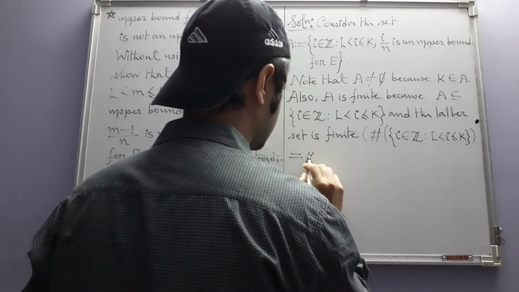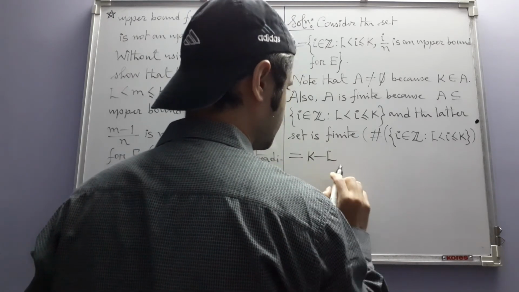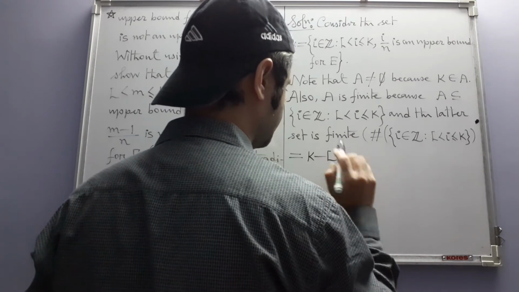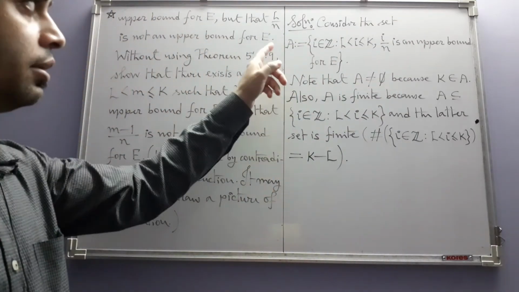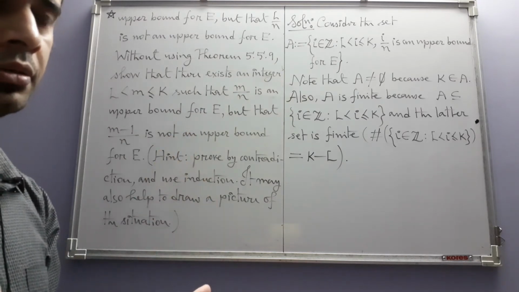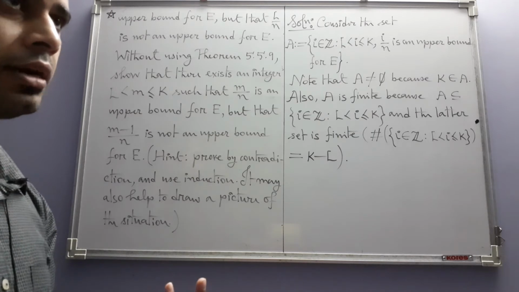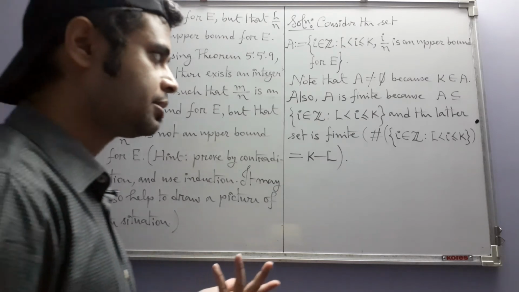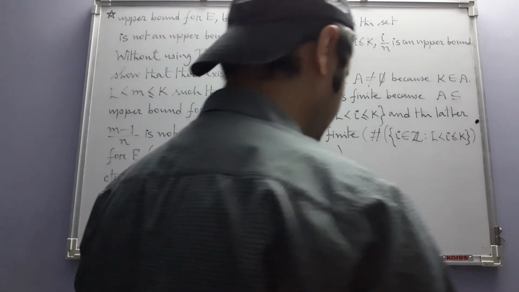This is K minus L. Okay, so that means A is a non-empty finite set. So it will have a smallest element, it will also have a largest element.